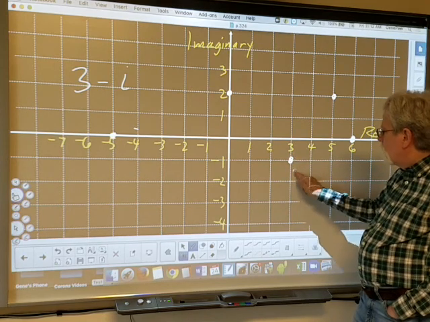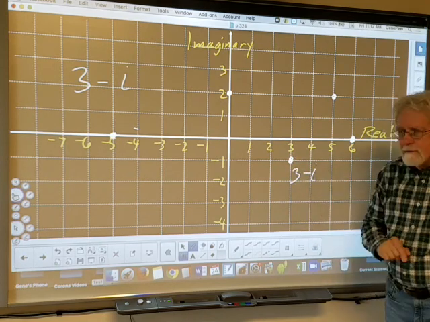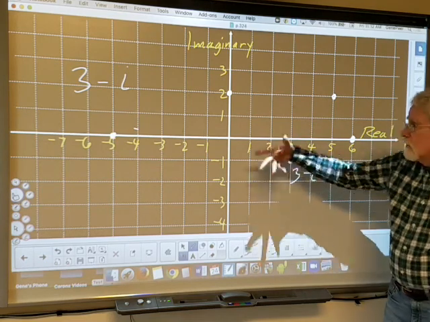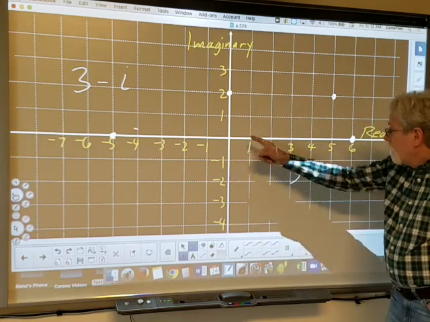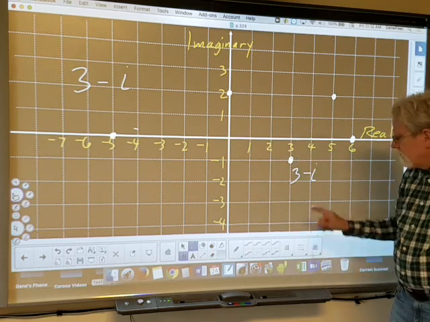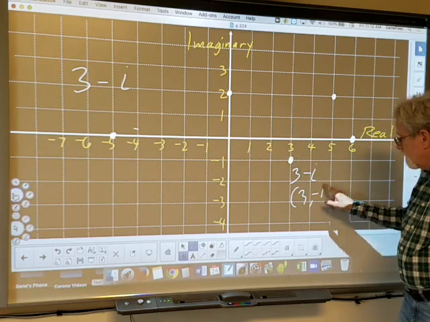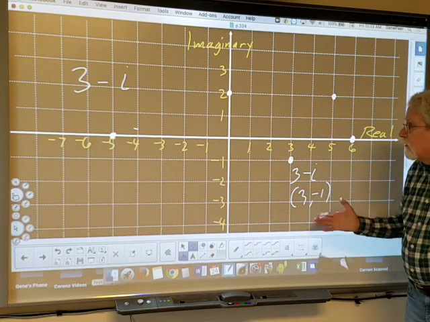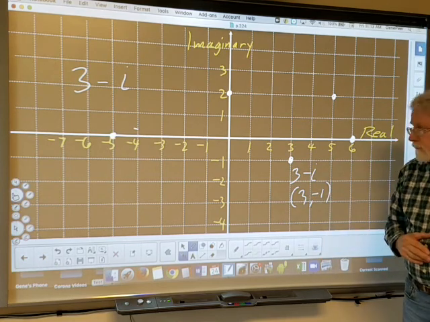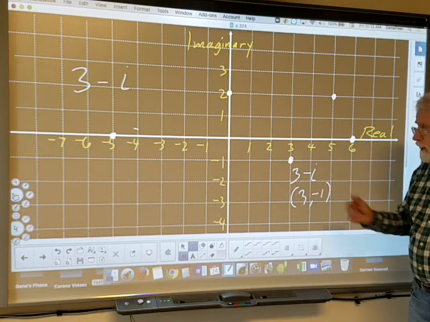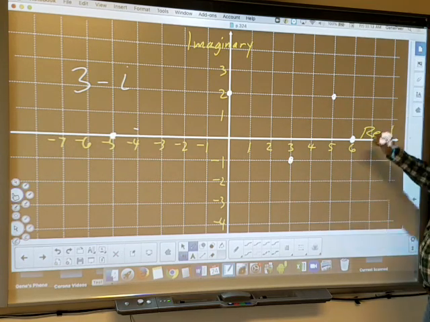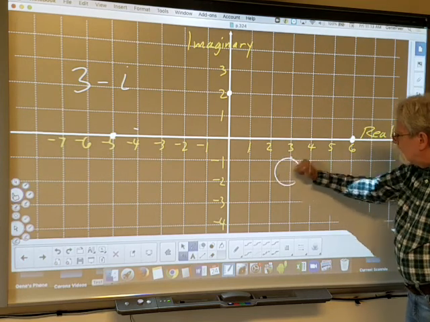There's the number 3 minus i, located on the ordinary complex plane as 3, -1. Yes, we can use ordered pairs to represent complex numbers. 3, -1. Simple enough, right?